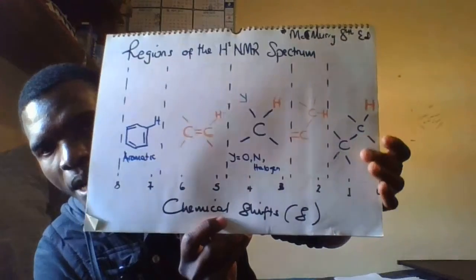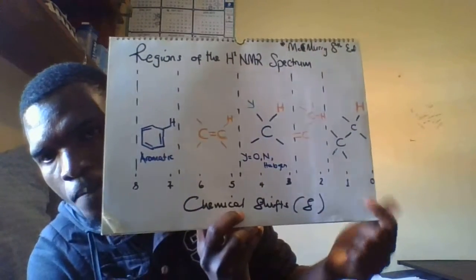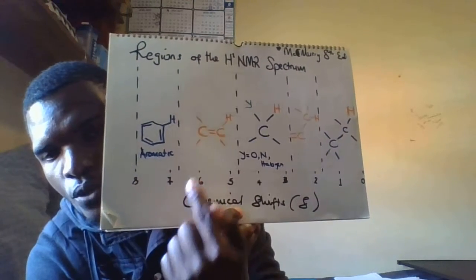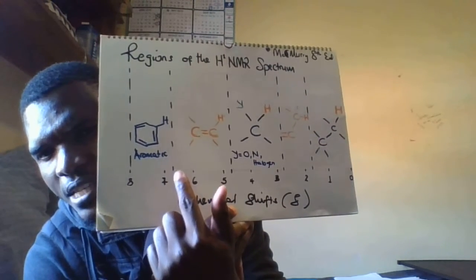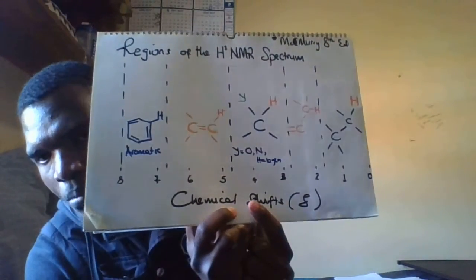Okay, it's in NMR. It will tell you in terms of the chemical shift values that shift values between probably I can say 6.8 going towards 8 are aromatic hydrogens.